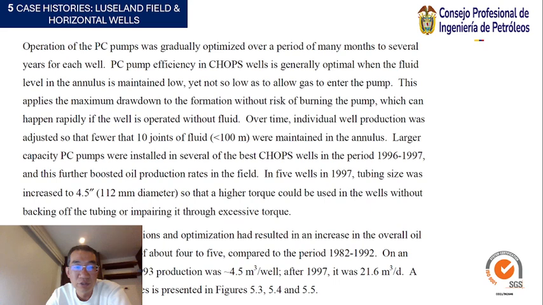On an individual well basis, pre-1993 production was about 4.5 cubic meters per well. After 1997, it was 21.6 barrels per day. A series of typical well histories is presented in Figures 5.3, 5.4, and 5.5.